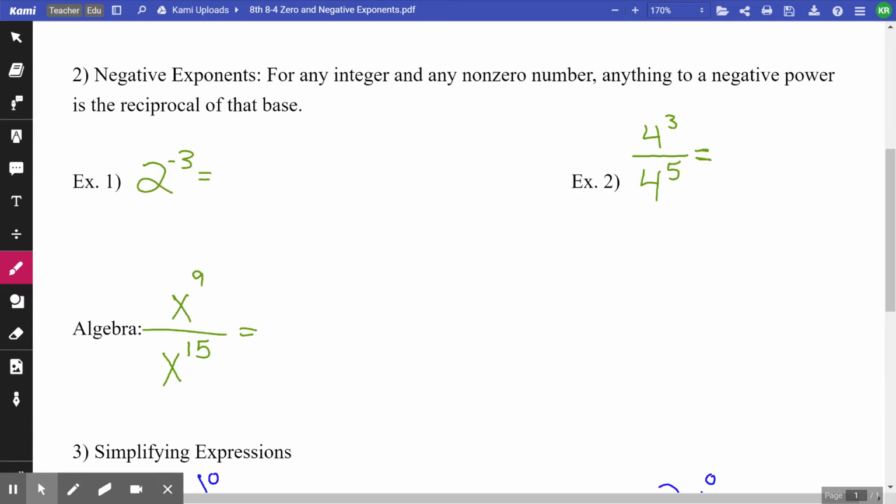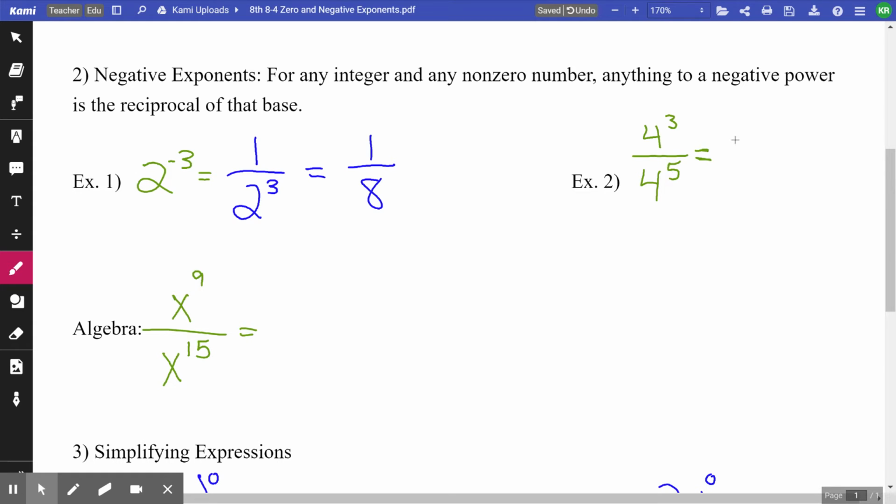So 2 to the negative third, if I rewrite that with a positive exponent, becomes 1 over 2 to the third, because I'm flipping it. If I fully simplify it, I get 1 over 8. Now 4 to the third power over 4 to the fifth power.